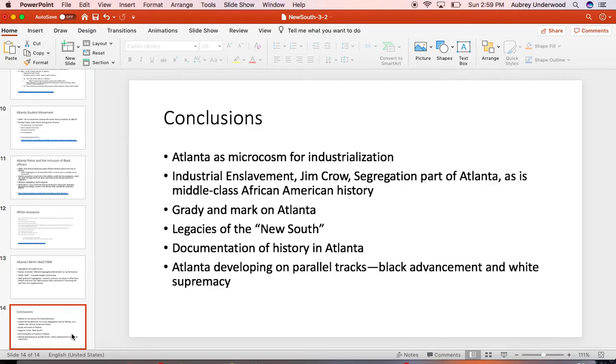You might look at Atlanta as a microcosm for industrialization. If we spent the time looking at buildings built by enslaved labor, then the buildings from Reconstruction in the early 20th century, if they're around from that time, were also mostly built from industrial re-enslaved labor. The New South also visibly gave us not only industry, but the remembering of the Confederacy.